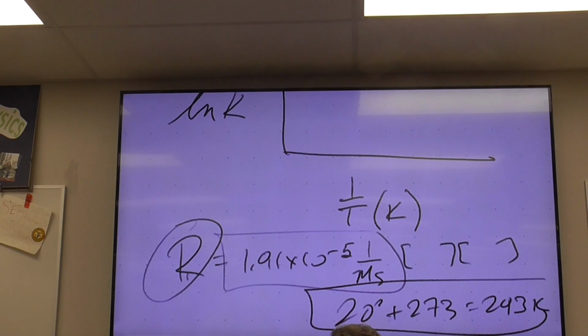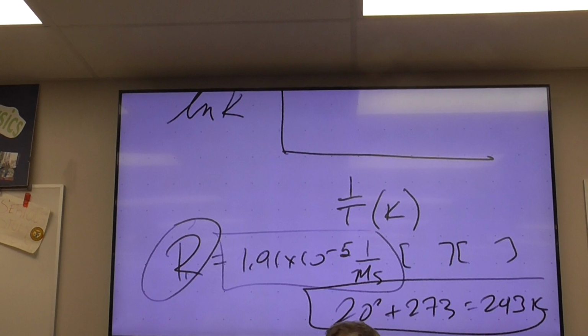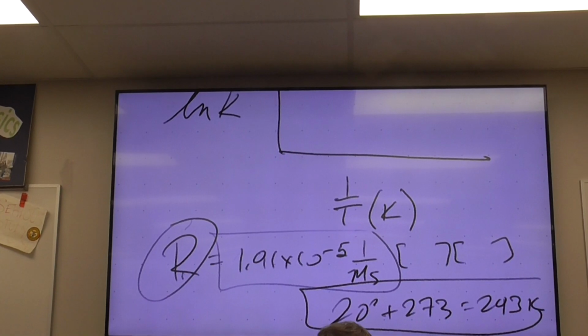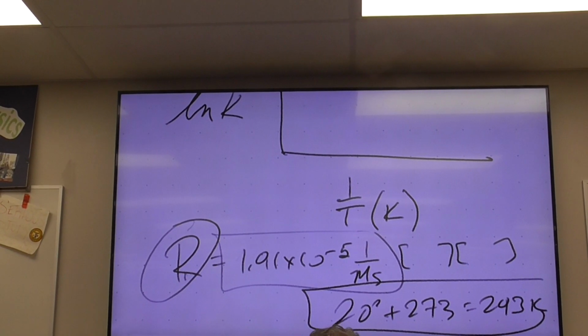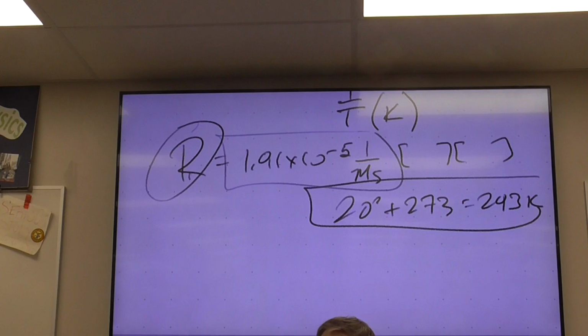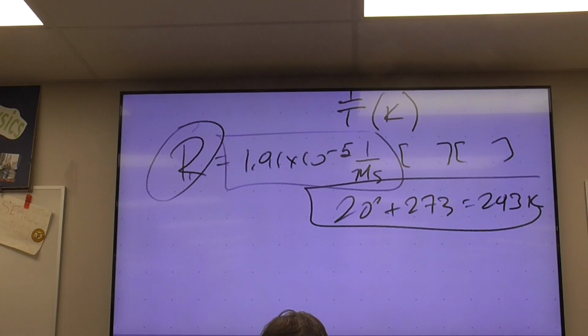Now, what we need to do is run them at temperatures below that point and temperatures above that point. This is where it gets sketchy in terms of how you're going to do this. You're going to pick one of the reactions, 1, 2, 3, or 4. I don't care. Pick one. It's up to you. But here's what's going to be important. Let's say that you pick reaction 3.